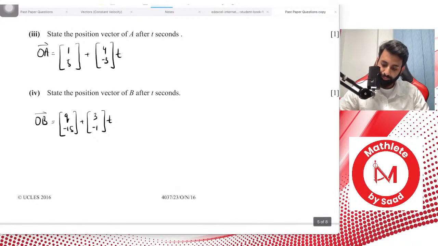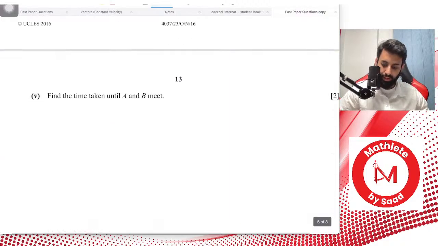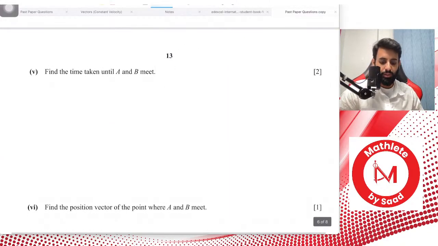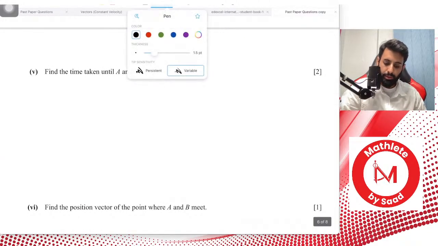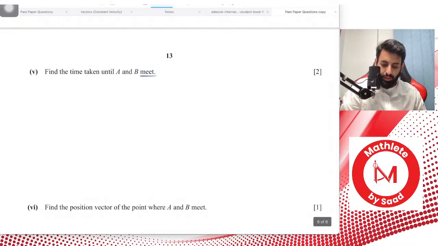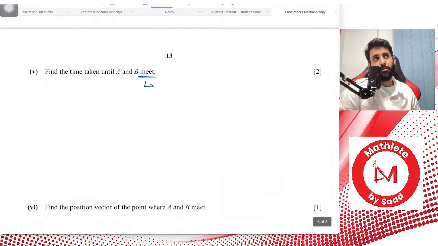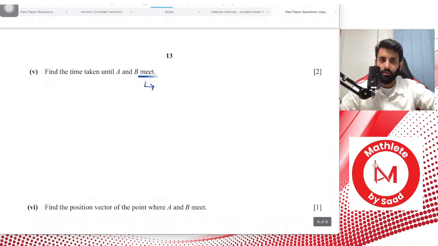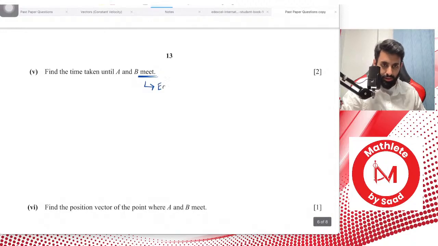Okay, now part 5 says find the time taken until A and B meet. So whenever two particles meet, what do we do? Question for you guys. When two particles meet, what do we do? When they meet, they collide, or anything along those lines, what do we do? Yep, we equate position vectors.